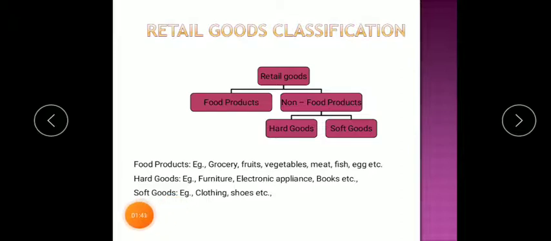On the other hand, we have soft goods, examples of which are clothing, shoes, etc.